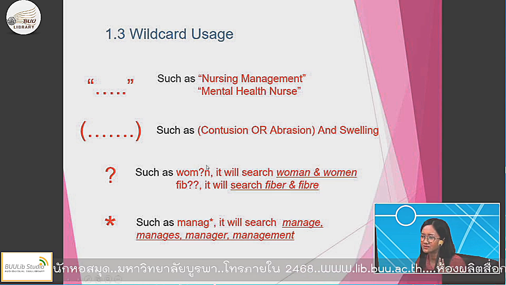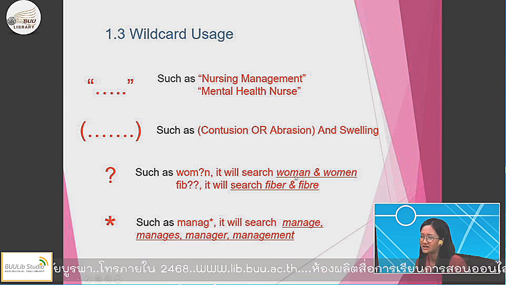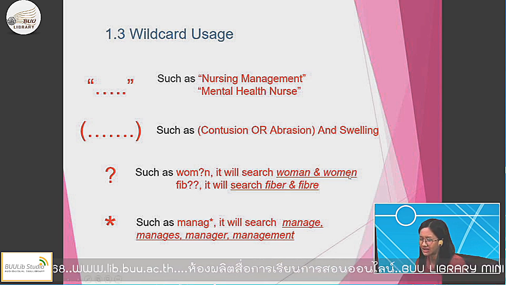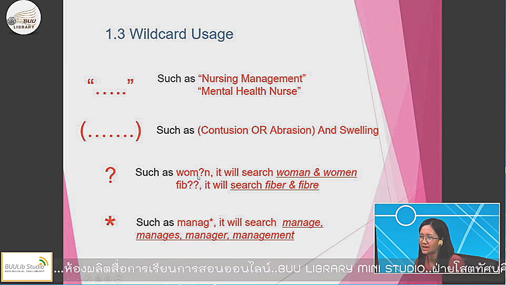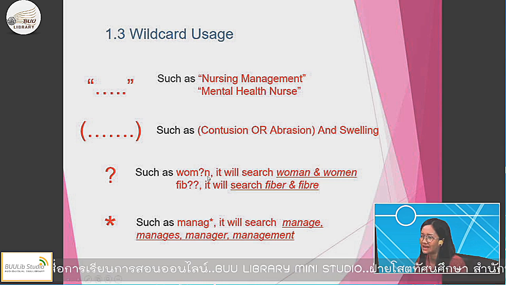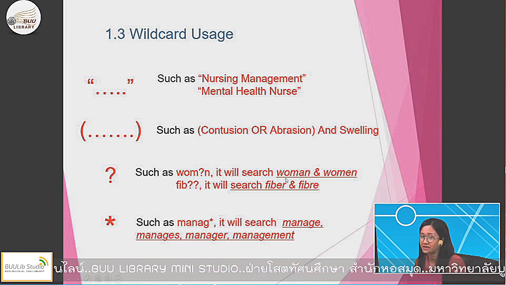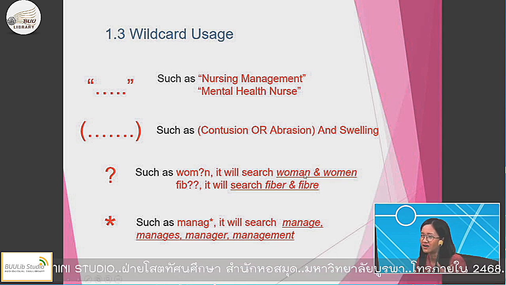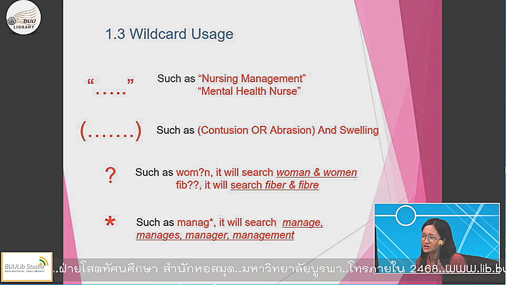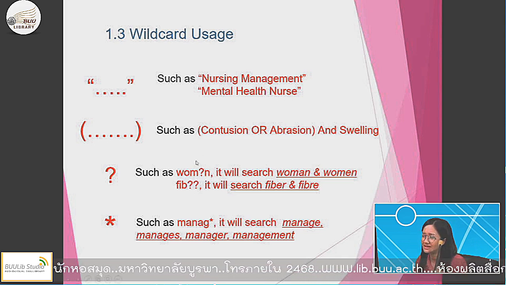That's why we have to use the question mark instead of a single character. So when we put WOM, then the question mark, and N, the results can appear as both woman and women. So you can cover all of the research that is about woman and women.